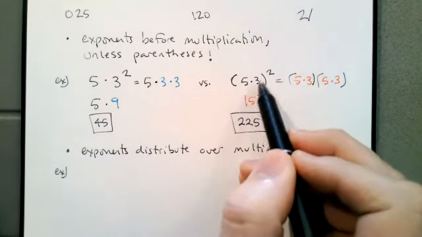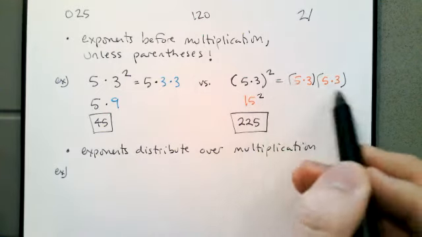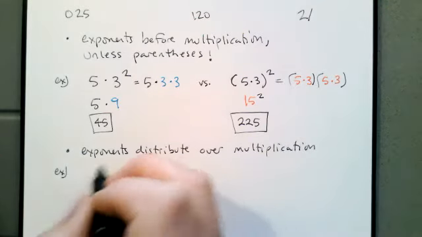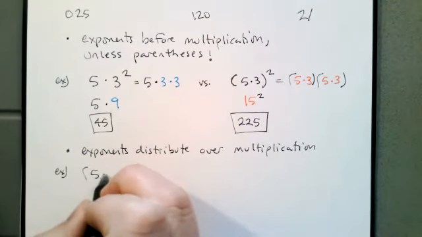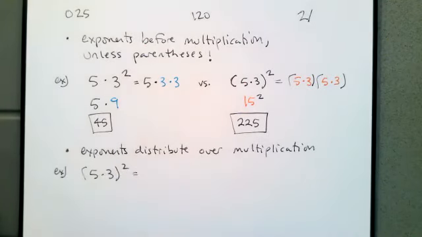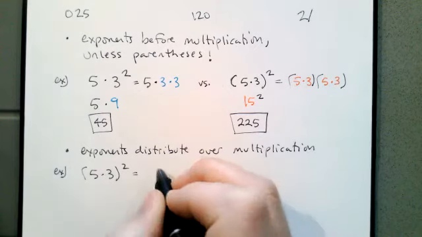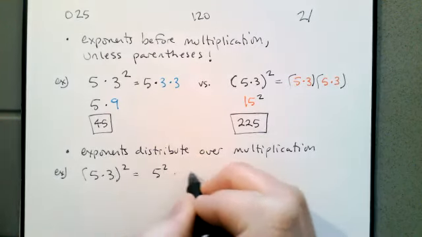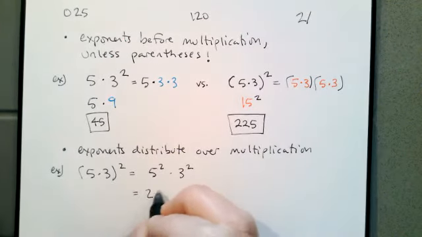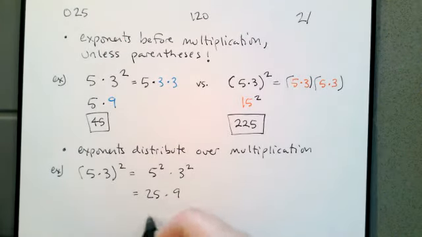If we want to use the distributive property, 5 times 3 squared, if I distribute the 2 over the multiplication, I can say that's 2 5s and 2 3s. 5 squared is 25. 3 squared is 9. 25 times 9 is still 225.